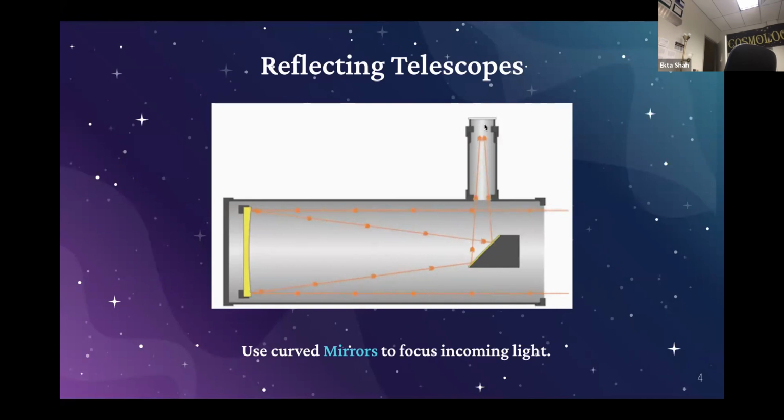And that focused light gets into what is called the eyepiece. So when you're using this telescope, this is where you're looking. And then you get a really nice focused image. Usually it is easier to construct these telescopes, and if I might add, cheaper than if you were using giant lenses.